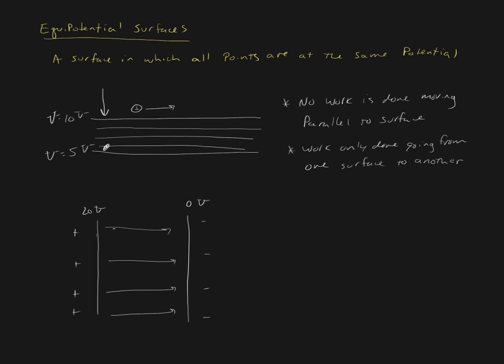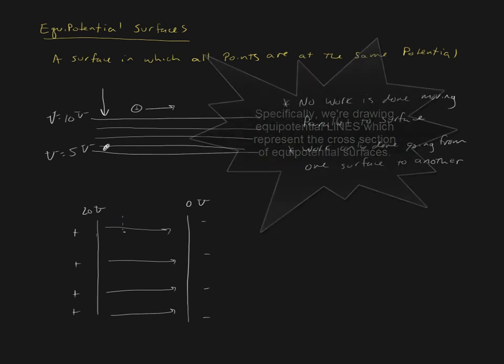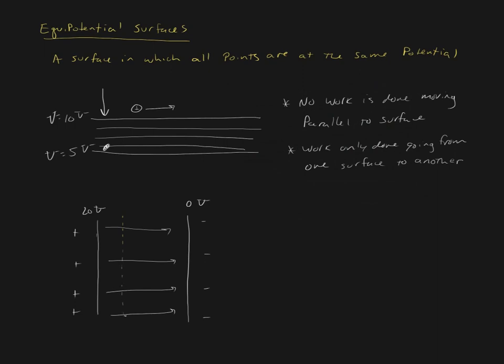And we know that the potential is going to be the same everywhere along a line which is parallel to the plate and perpendicular to the field lines. And so we're going to have an equipotential surface here, like this. And you can break this up into as many divisions as you want depending on your purpose.